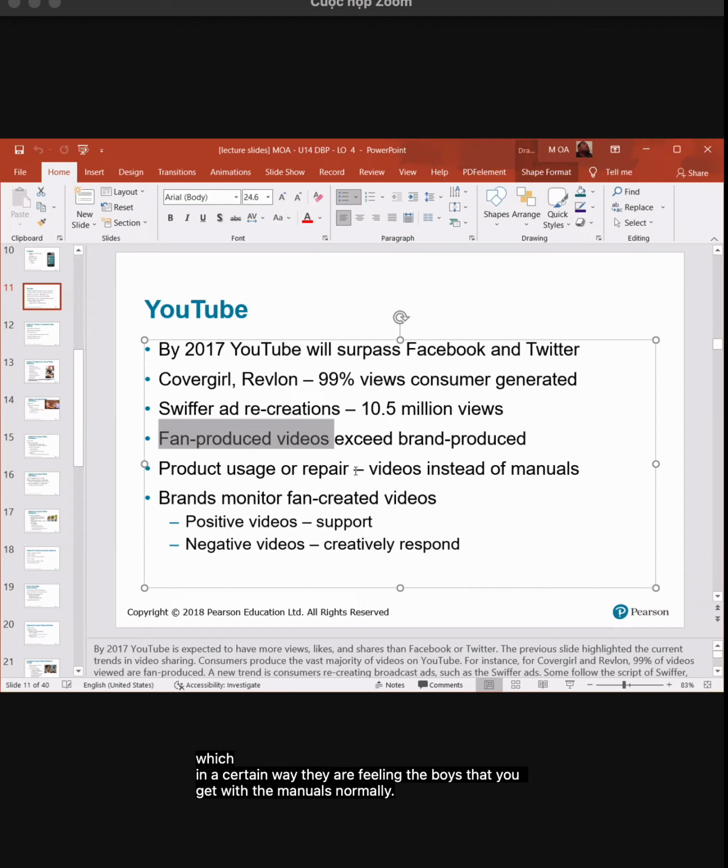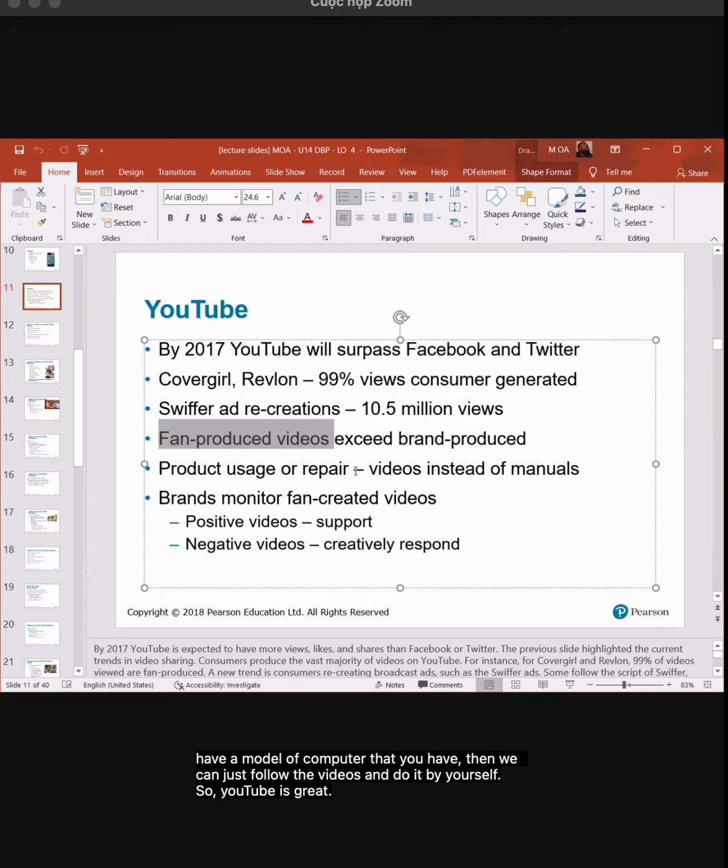Normally, when you buy a device, let's say a new hard drive, you will not find a manual that tells you how to change the hard drive on your computer. However, if you go online to YouTube, you can immediately find hundreds of videos that may even be specific to the model of computer that you have. Then you can just follow the videos and do it by yourself.